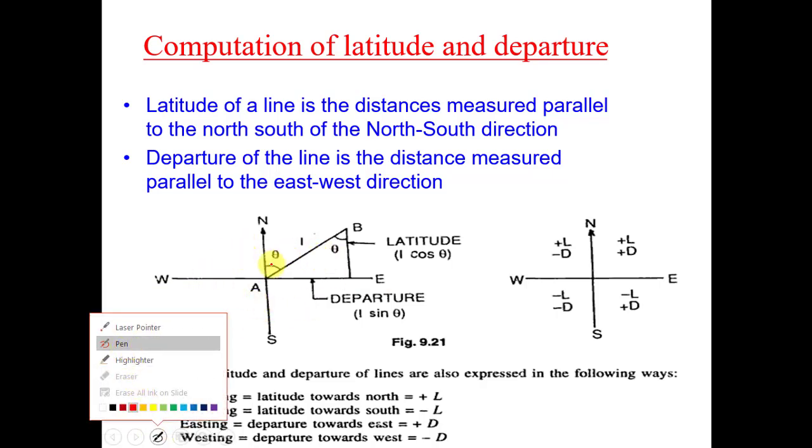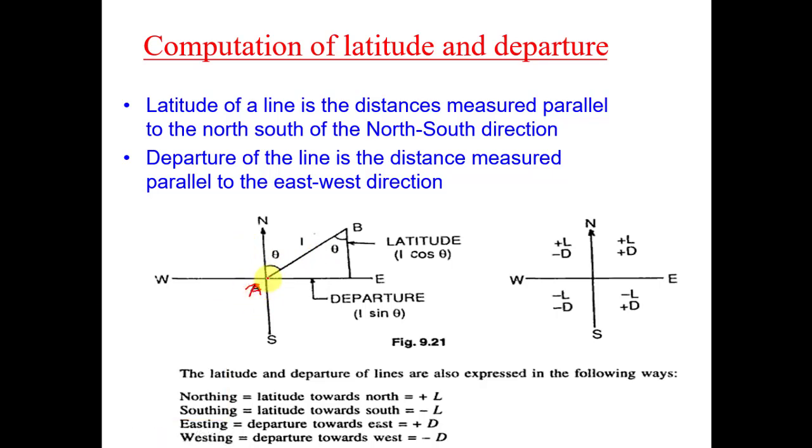So suppose this is your line AB, and obviously this is your horizontal plane. So we have a reduced bearing theta from N to E. This line has a measurement, and this measurement can be divided into two components.